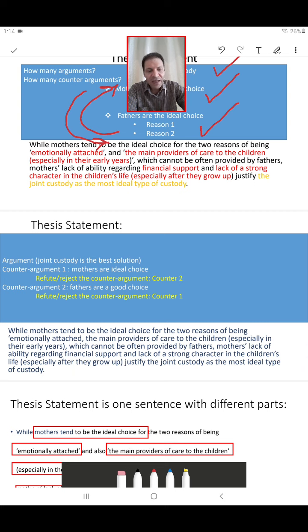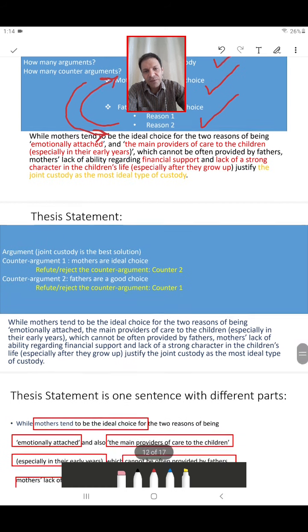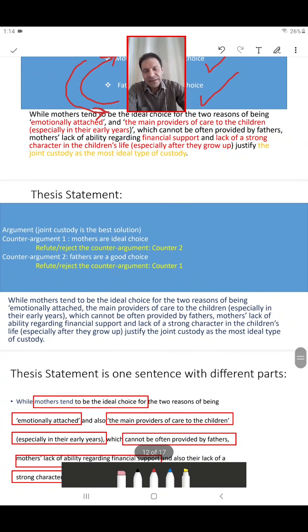Other research has shown that usually children who actually live with their parents have much stronger support, right? Justify joint custody as the most ideal type of custody. So this last one is actually my conclusion, it is my point of view, it is my position. So you see that my thesis statement has everything.